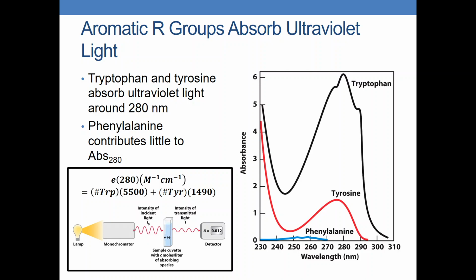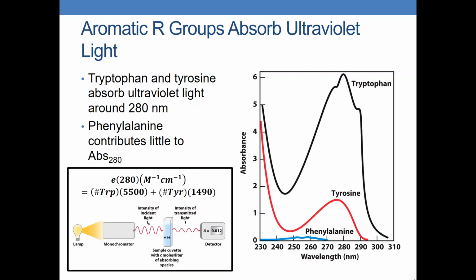Okay, so let me tell you a little bit more about this. Tryptophan, tyrosine, and phenylalanine all absorb light in the ultraviolet range of the electromagnetic spectrum. We're talking primarily about the range of about 230 nanometers up to about 300 nanometers.